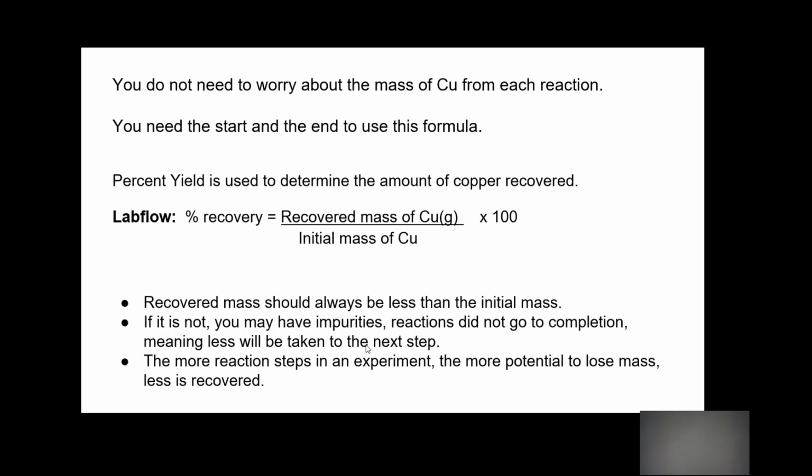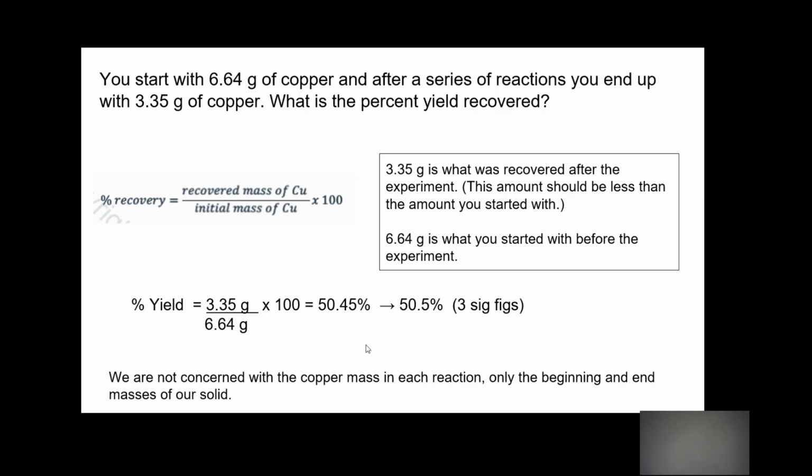Some of those are, for instance, not carrying the reactions to completion. Somewhere in a step you didn't have clean glassware, so you now have impurities, and impurities will add mass which is not normally supposed to be there. So ideally your recovered mass should be less than the initial mass, because you can't create something out of nothing.